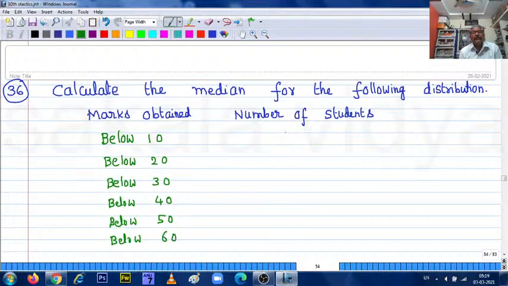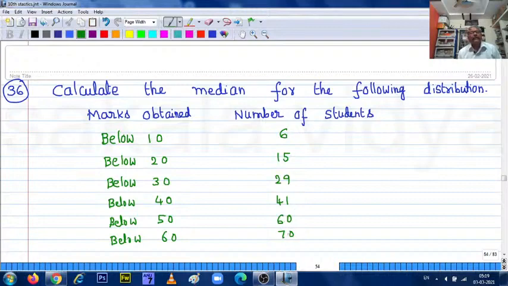The number of students is 6, 15, 29, 41, 60, 70. So this is absolutely the cumulative frequency itself only.